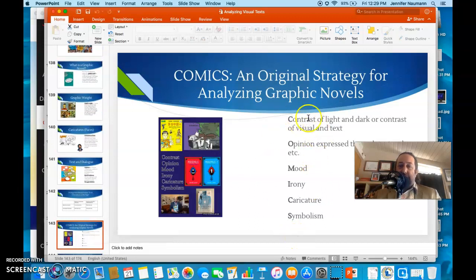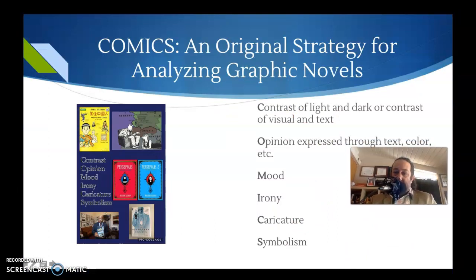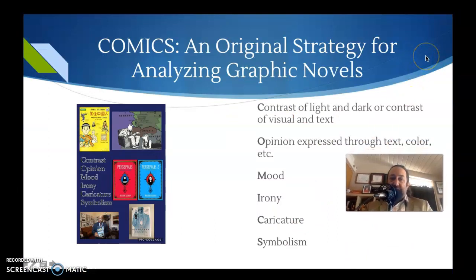These are the main things to look for when you're analyzing a graphic novel and you're trying to figure out what kind of devices are in there and what kind of stuff you should and could write about. These are some of the more common devices that are used in graphic novels.